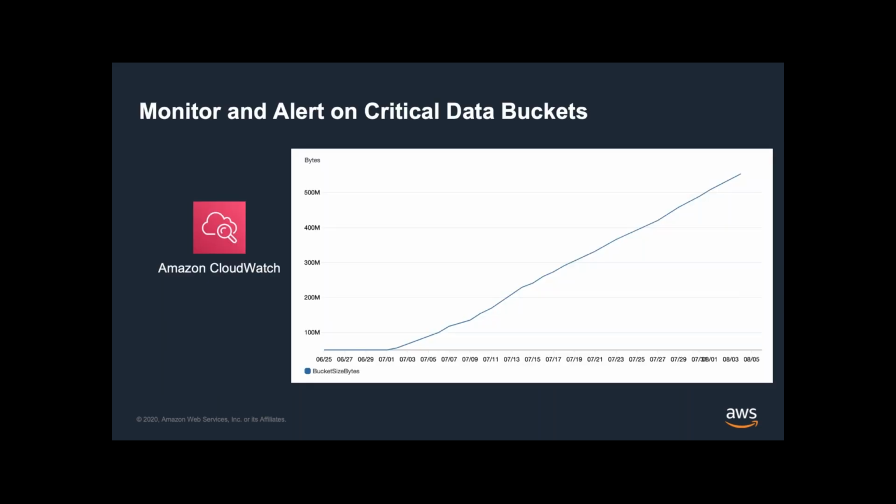To understand how much data you have landed in the cloud, CloudWatch is a fantastic first line of defense in understanding what data and how much data is being stored in AWS. CloudWatch is enabled by default.